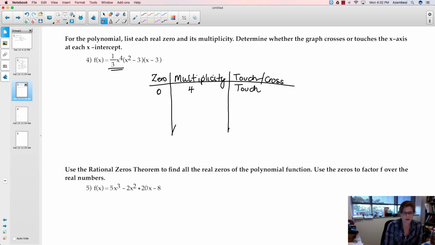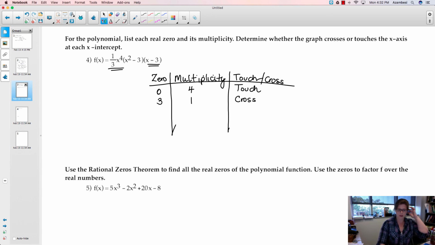I'm going to skip over the middle one and look at the last one here. So x minus 3 gives us 3 for my 0. There's no power showing, so I have a multiplicity of 1, and then it's odd, which means that it crosses.